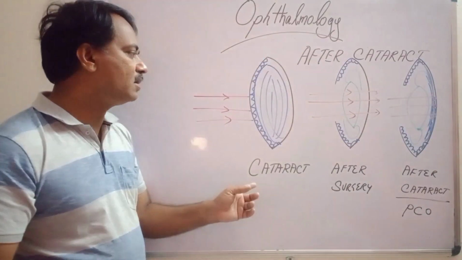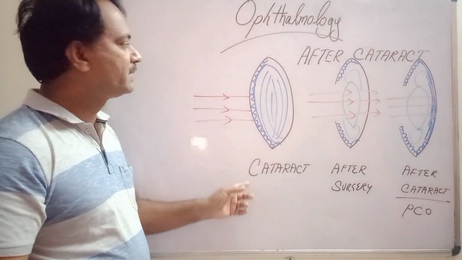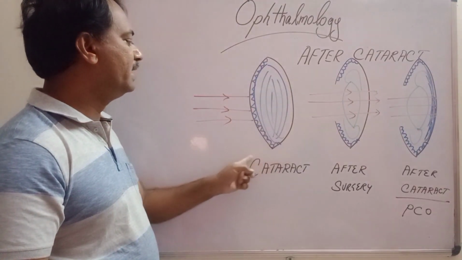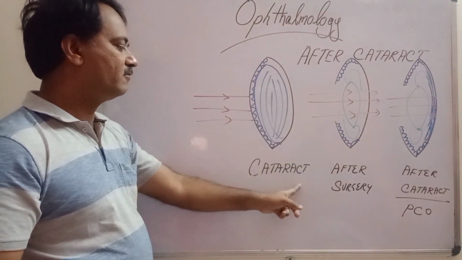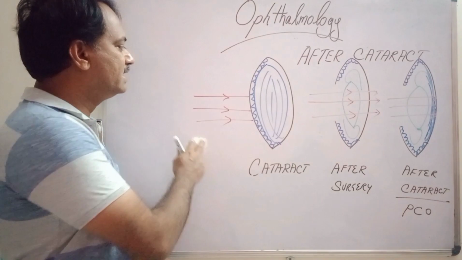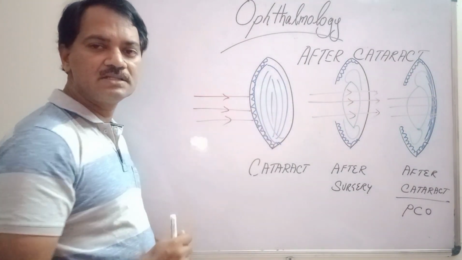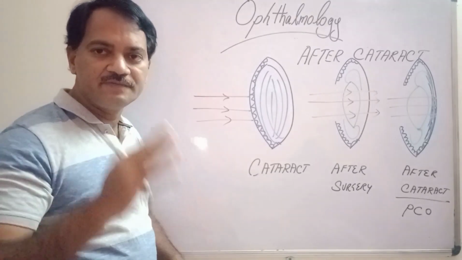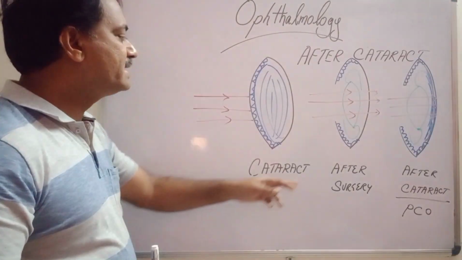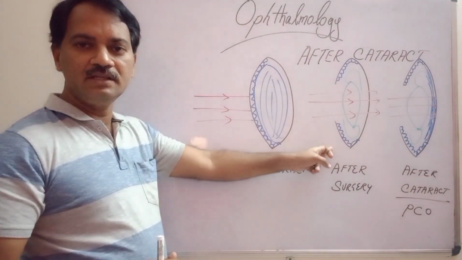Here I have drawn three pictures. One is a normal lens which has developed a cataract. You can see that the light rays are not able to pass through that lens, causing decreased vision. Patient has undergone a cataract surgery.